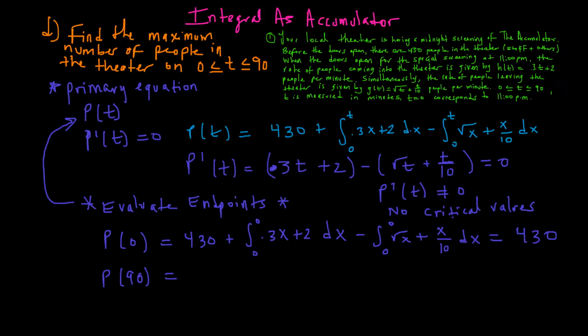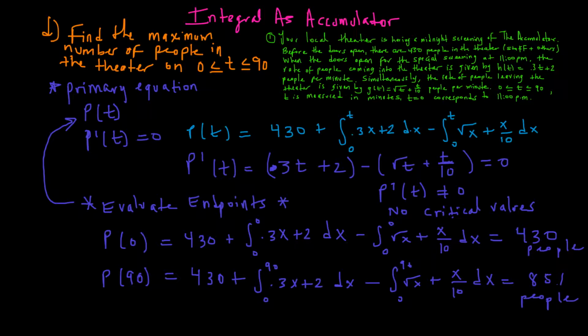P of 90, then that would be 430 plus the integral from 0 to 90 of 0.3x plus 2 dx, and then take away the rate of the loss from 0 to 90 of the square root of x, that's 90, not 96, plus x over 10 dx. And I'm going to go to the calculator and figure this out.